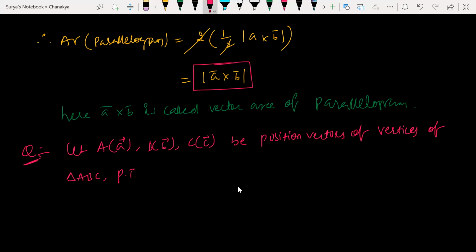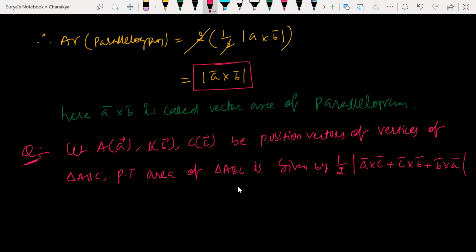Then prove that the area of triangle ABC is given by half of a cross c plus c cross b plus b cross a. This is what is given here. Now how can you solve this?